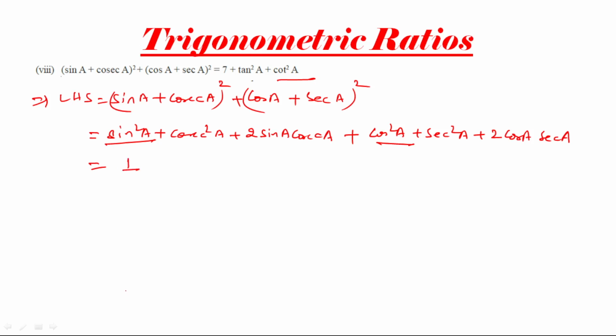Okay, right. Cosecant square A is there and secant square A is there.